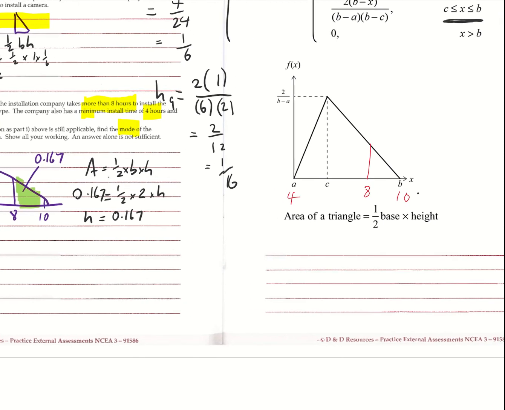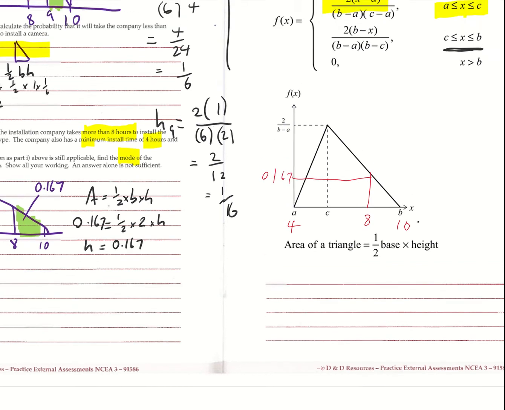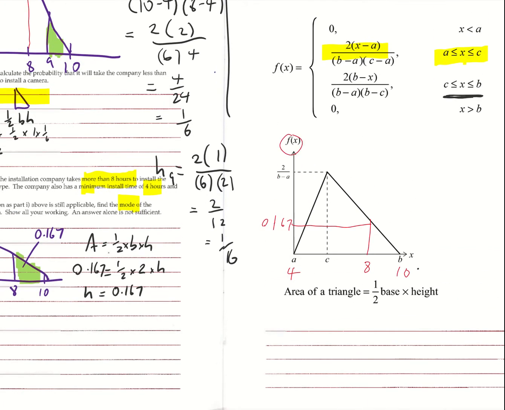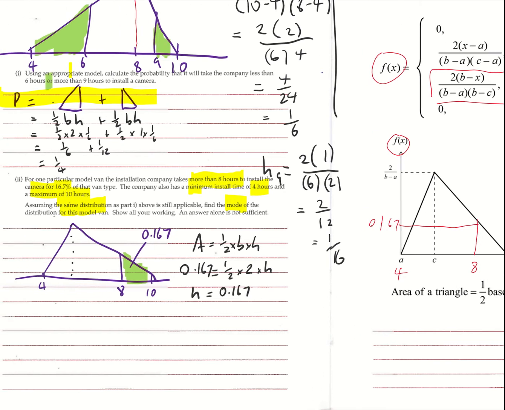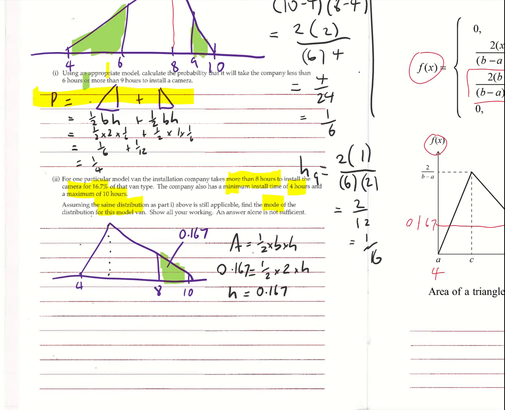Because I know the height across here is equal to 0.167, this thing here is the height, which I can get from here, and it's on the right hand side of the peak, because this is quite a small probability. I'm going to be using this formula. It's going to give me the height, so I'm going to be able to do that.